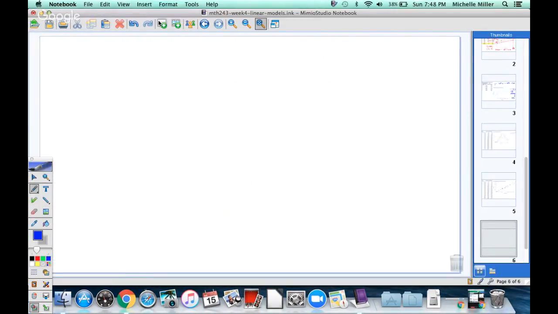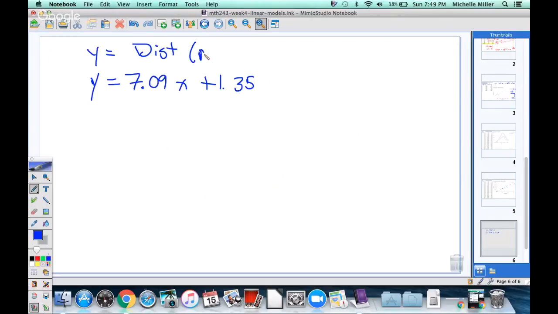All right, here we go. So, new page. So I've got y is equal to 7.09x plus 1.35. Y, remember, is going to be the distance in miles that I biked, and x is the time in hours.